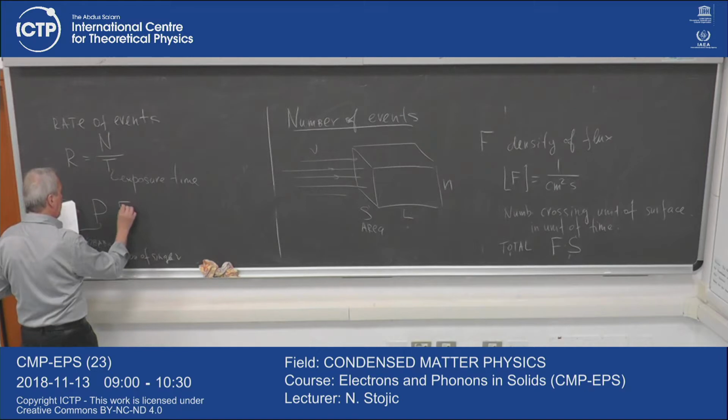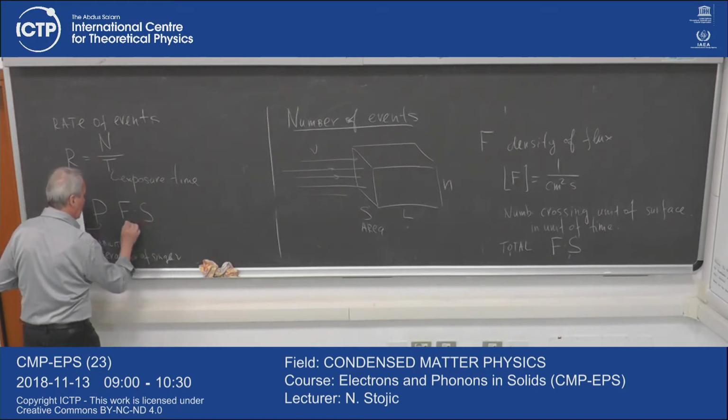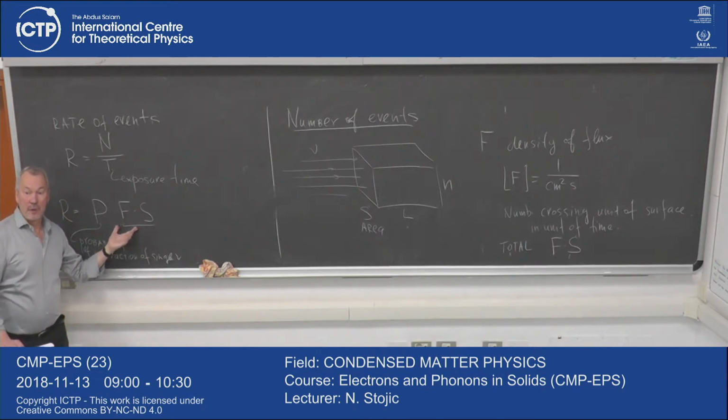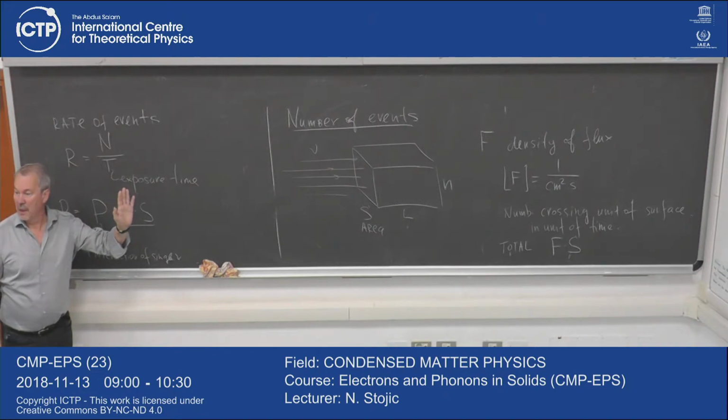And then you need to multiply by F and S. This is the total flux of neutrinos entering the detector. And then we just multiply by the probability that a given neutrino interacts in our volume. So that will give us the rate of events, the rate of interaction of neutrinos in the detector. Agree? So this is the probability of a single neutrino to interact in our detector. And then we multiply this by the total number of neutrinos entering our detector per second.